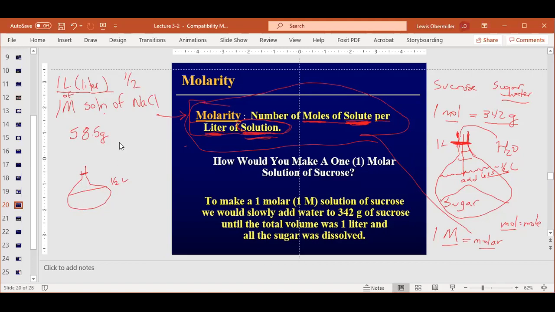Would you just do half of that? Right. So all you're going to do is multiply it by whatever fraction it is.